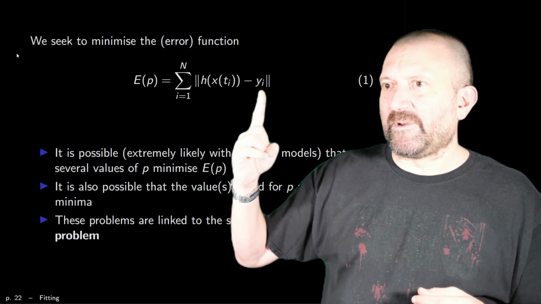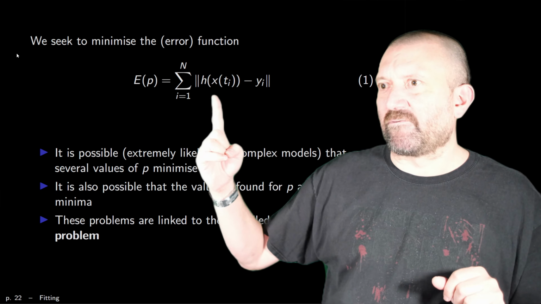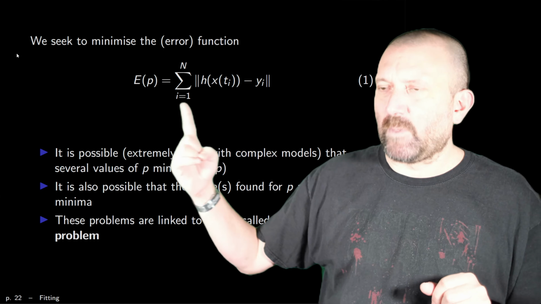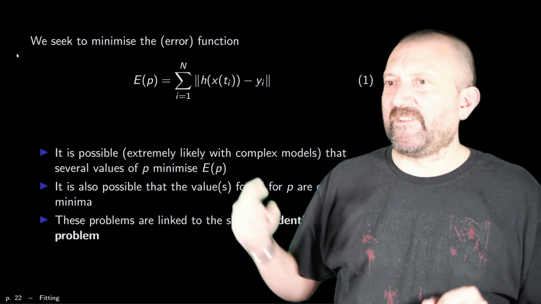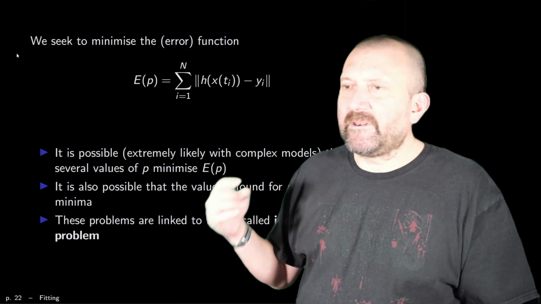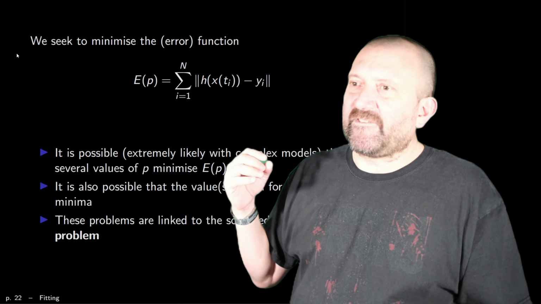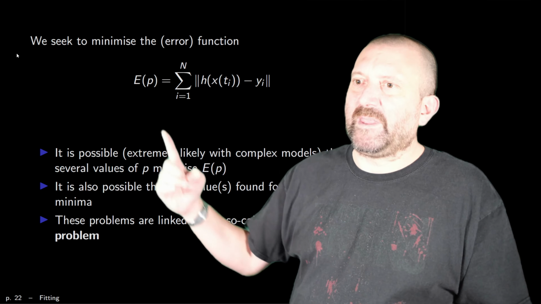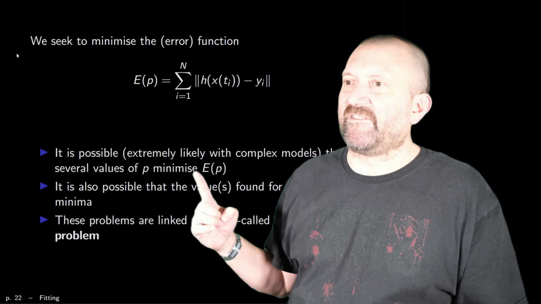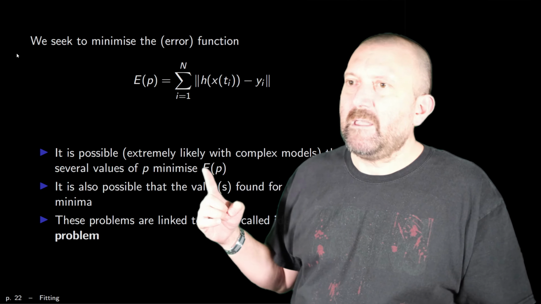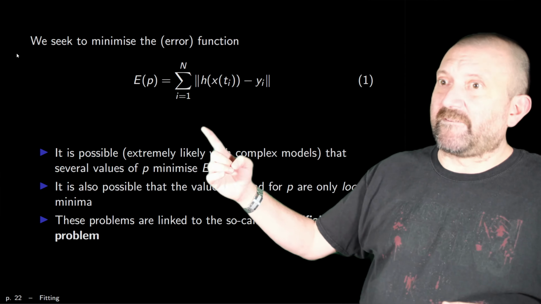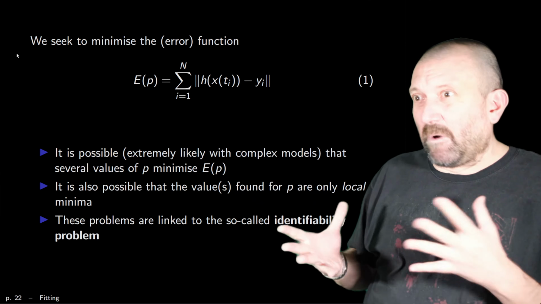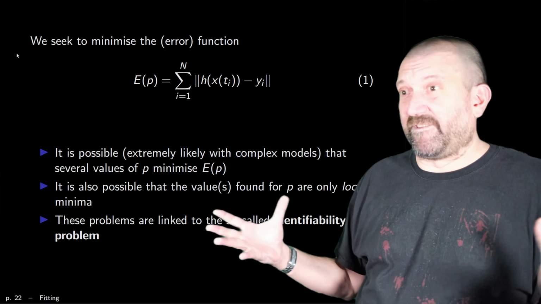These are the data points, that's fine, but these are solutions to an ordinary differential equation, and I'm taking the norm and the sum of this norm, and you can guess that it's very likely that I can find several values of p that are going to minimize my error. And another problem that might arise is that some of the values of p I find, I might not be looking because parameter space is huge.